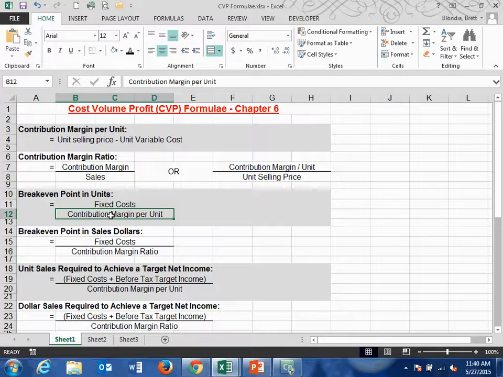So I come right back to this formula sheet and find the formula for contribution margin per unit, which is the unit selling price minus the unit variable cost. It's a really basic calculation, but by writing out these formulas and playing fill in the blanks, you should be able to back into any question that I may be asking you.